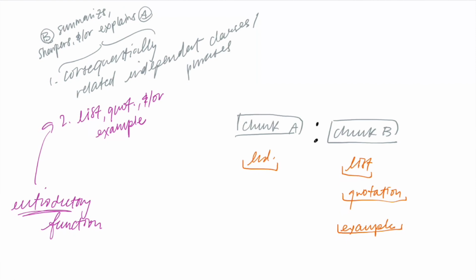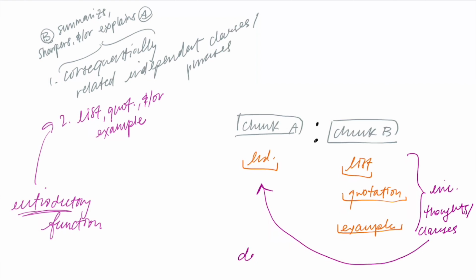Now, you'll note that lists, quotations, and usually examples are incomplete thoughts and clauses. That is, they can't stand on their own, and anything that can't stand on its own is dependent. So everything that comes in the B chunk in the second introductory function of the colon is dependent on chunk A. So it's not necessarily equivalent.